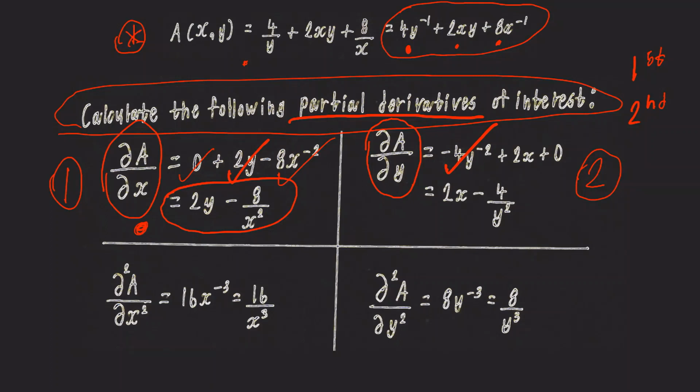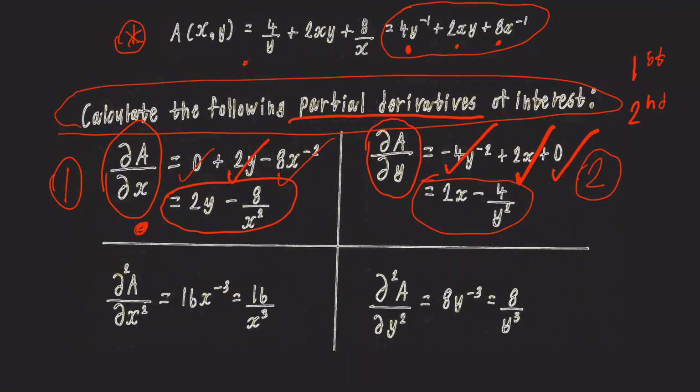So 2x is just a constant, so it's in front, and then the derivative of y with respect to y is 1, so we can forget that. And then again 8x to the power -1, that's just a constant because x is a constant, so the derivative of a constant is 0, so we have 0. So this is pretty much what we get when we partially differentiate with respect to y.